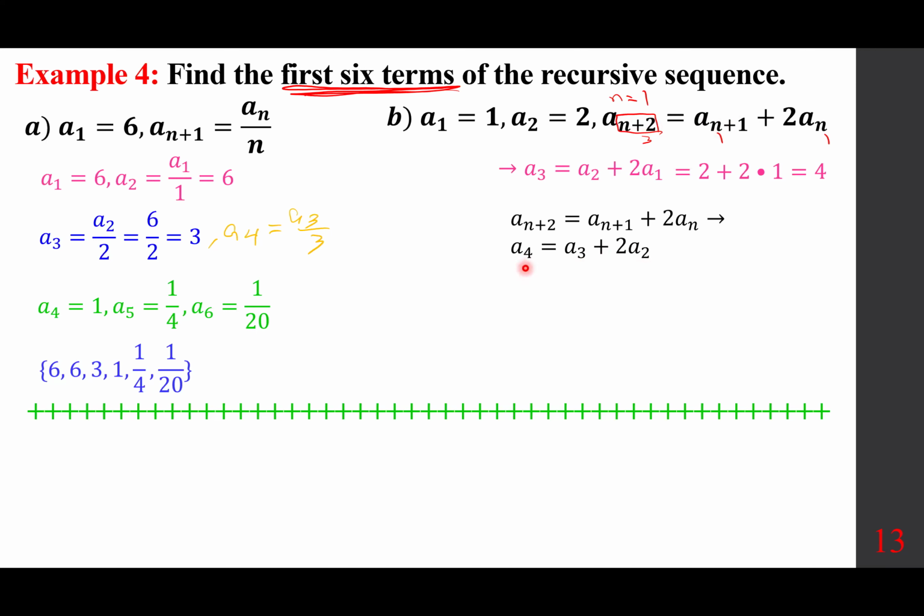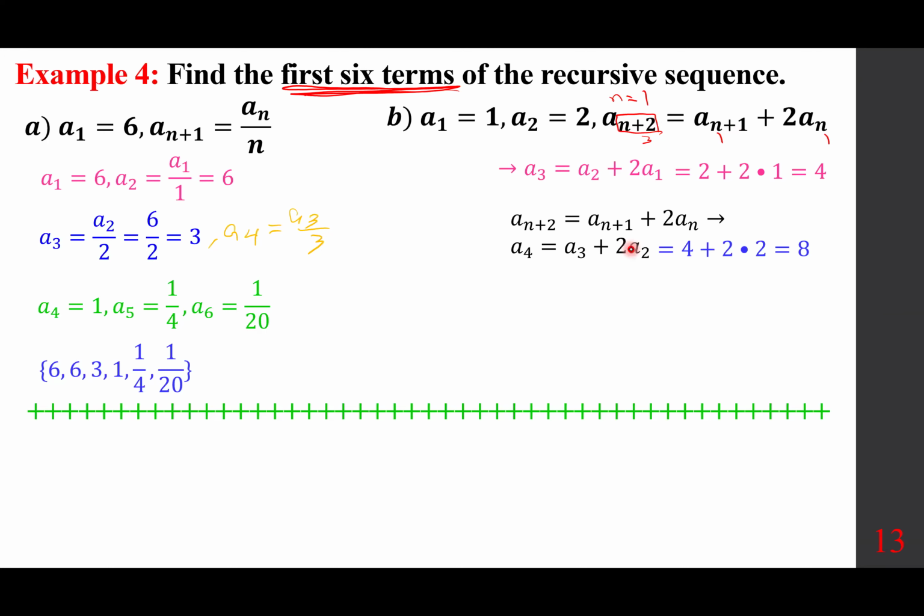So that basically means if you want any term, pick the previous one plus 2 times the one before that. So I want a sub 4, pick a sub 3, which we found to be 4, plus 2 times a sub 2, 2 times 2, they add up to 8.